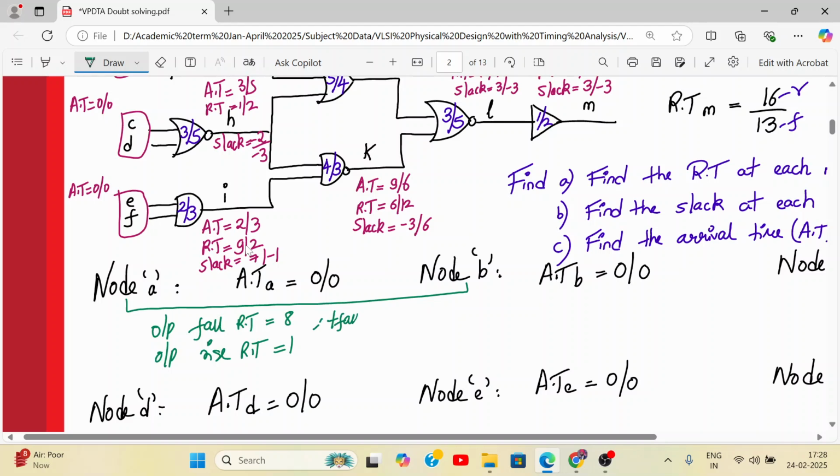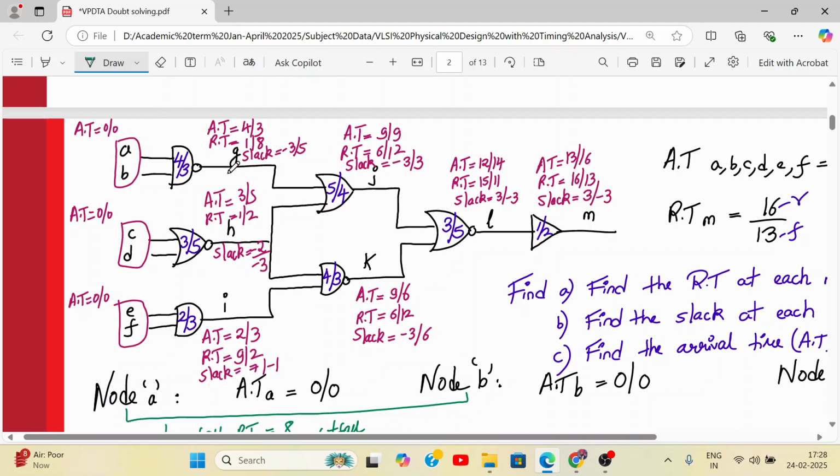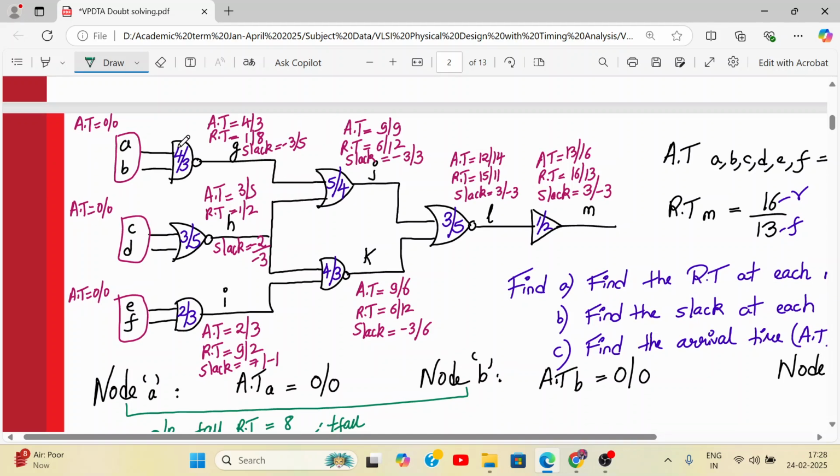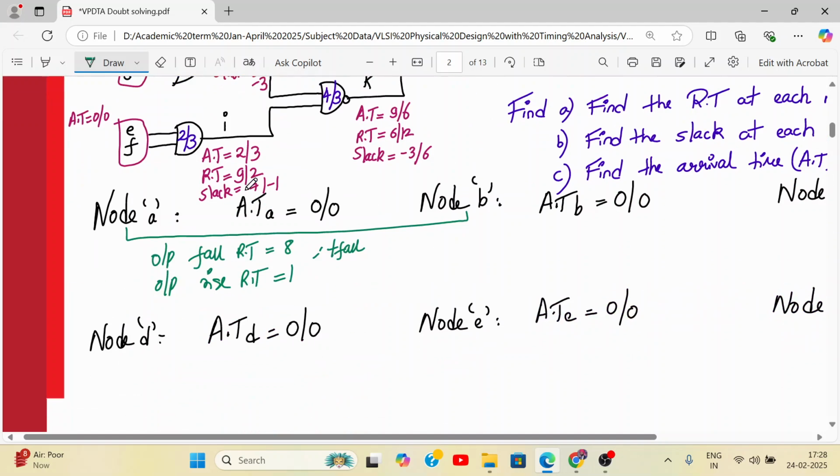Whereas T fall of the previous gate, how much? Over here, it's 3. This gate only. 3 and 4. Fall time is 3 and rise is 4.